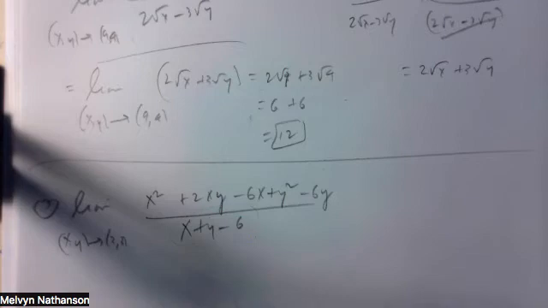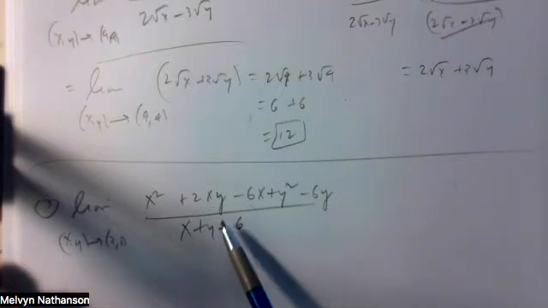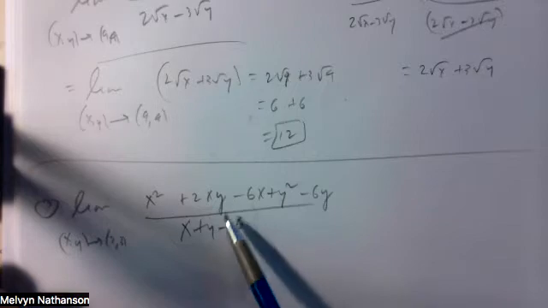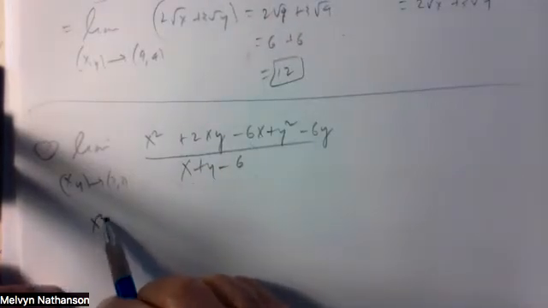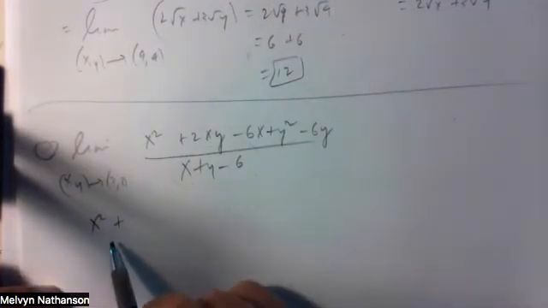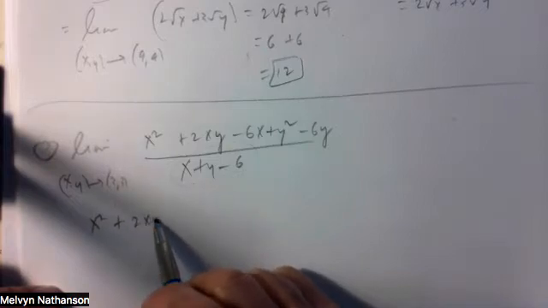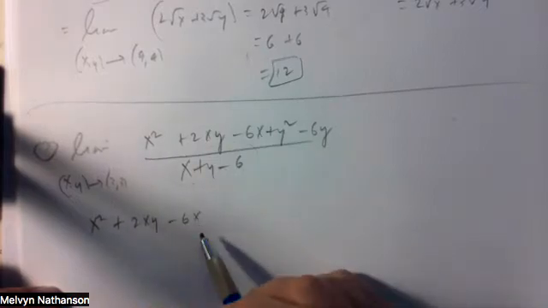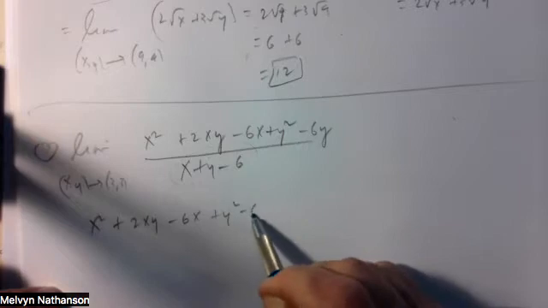The numerator and the denominator both go to 0, so you can't just plug in. And the question is whether in some way the numerator factors and you get the denominator out of it. So let's just experiment with this. This is just high school algebra technique. X squared plus 2xy minus 6x plus y squared minus 6y.